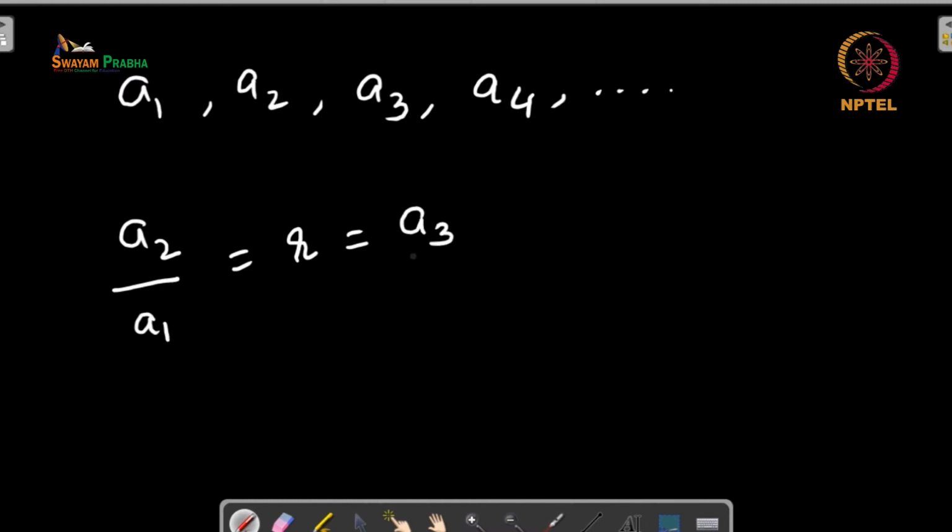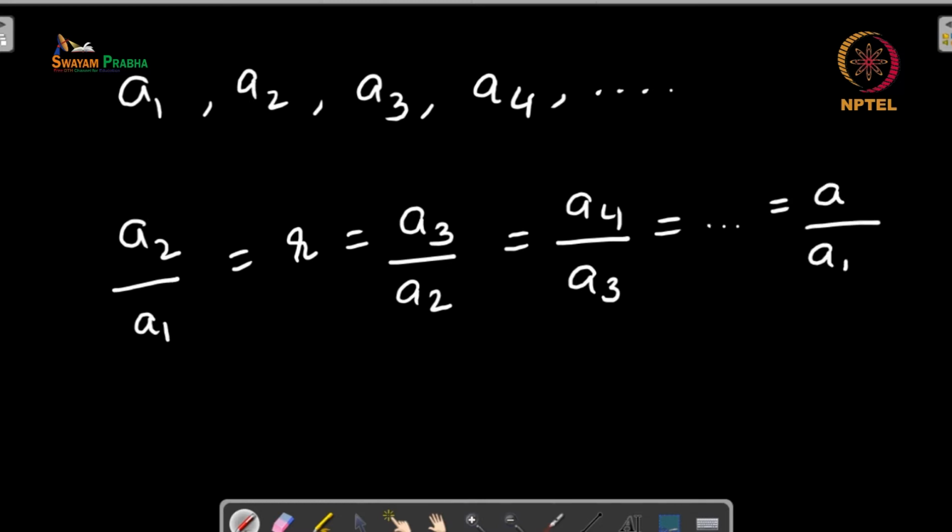So, this R is equal to A3 by A2, which is also equal to A4 by A3 and so on. If we take any two terms, say An and An plus 1, then this will be the common ratio.